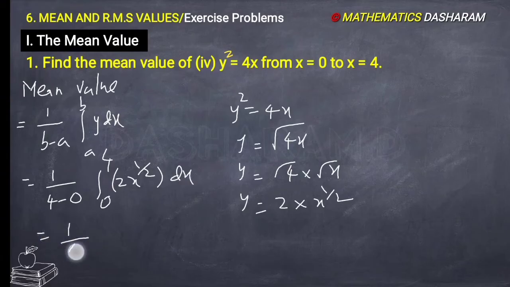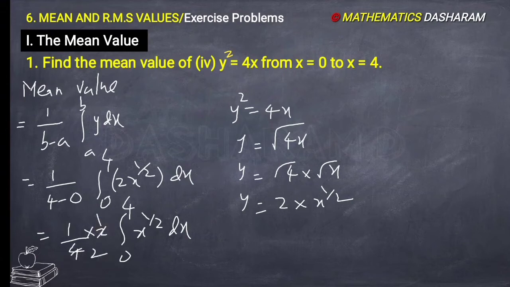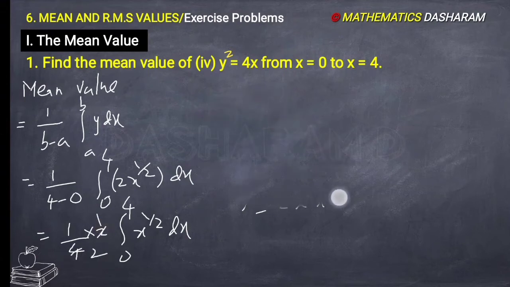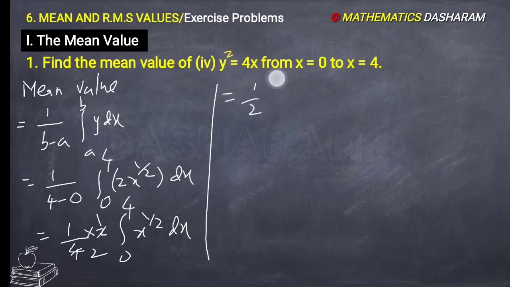So it is equal to 1 by 4, and 2 is a constant. So write it before the integration, 0 to 4, x to the power of 1 by 2 dx. Here 2 1s are 2, 2 2s are 4. Then it is equal to 1 by 2, and the integration of x to the power of 1 by 2 is x to the power of 1 by 2 plus 1, divided by 1 by 2 plus 1, and the limits are 0 to 4.